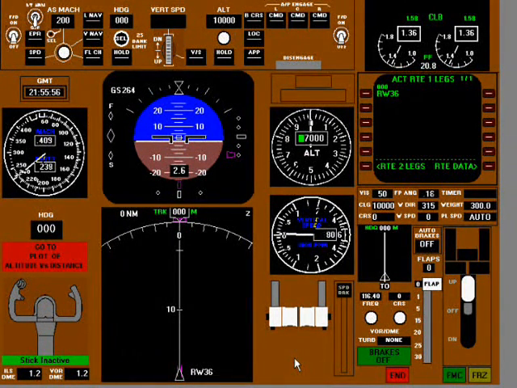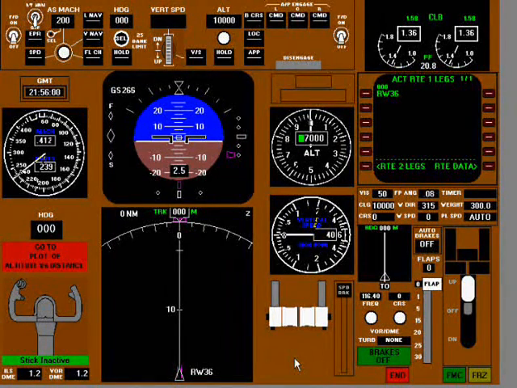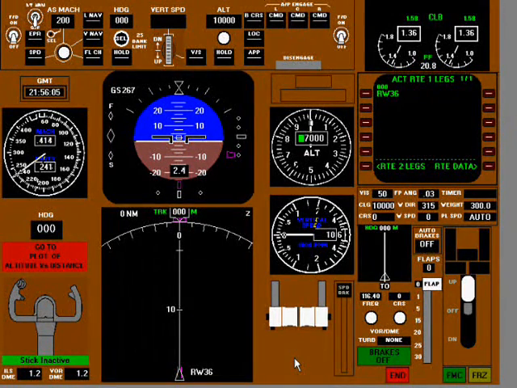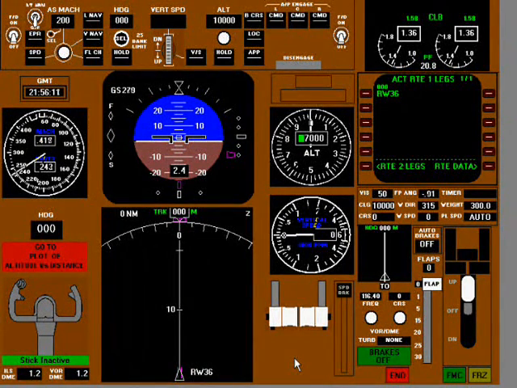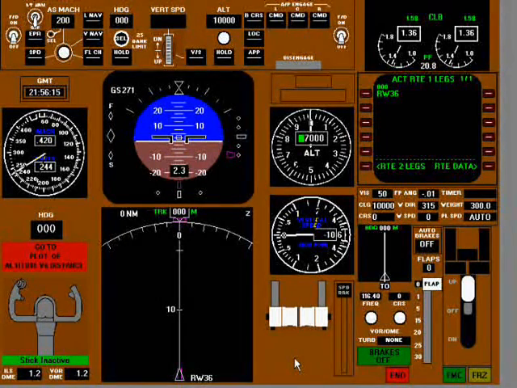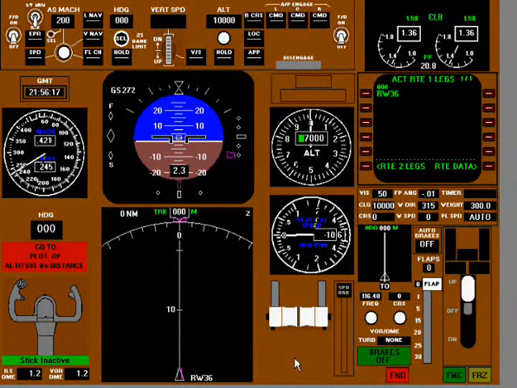After altitude capture, we must coordinate a pitch change with airspeed change in order to maintain the altitude constant. As we approach our target airspeed of 250 knots, we'll adjust the EPR setting to a value that will maintain the airspeed constant.